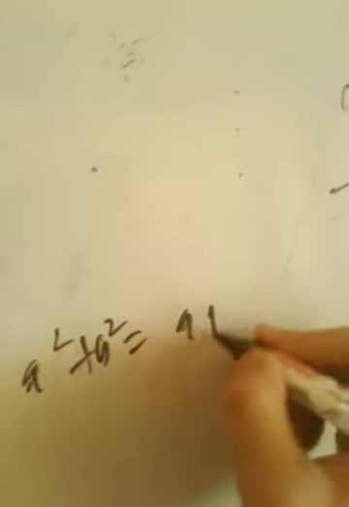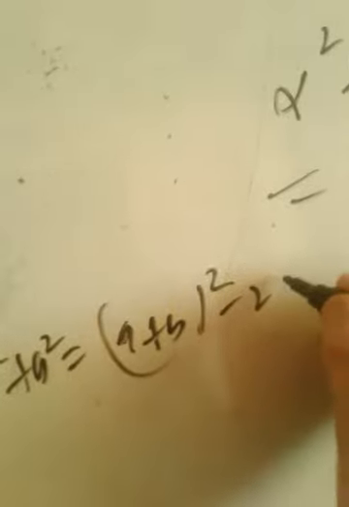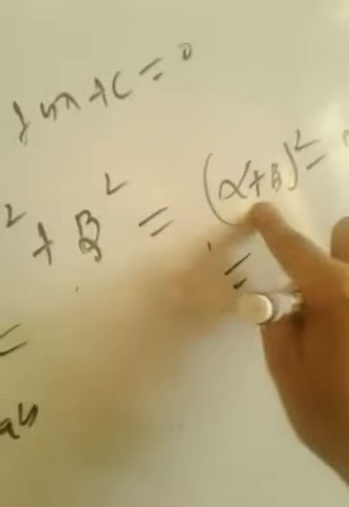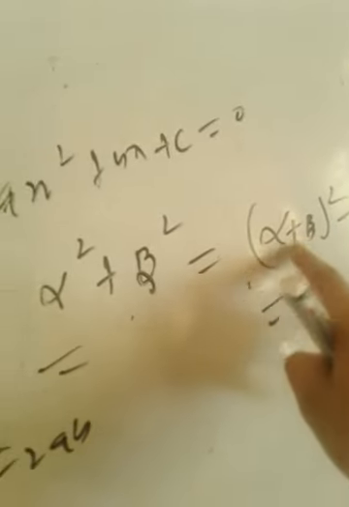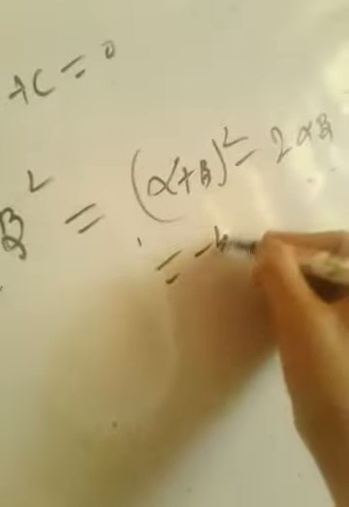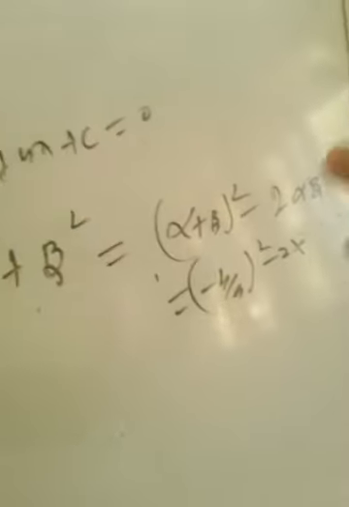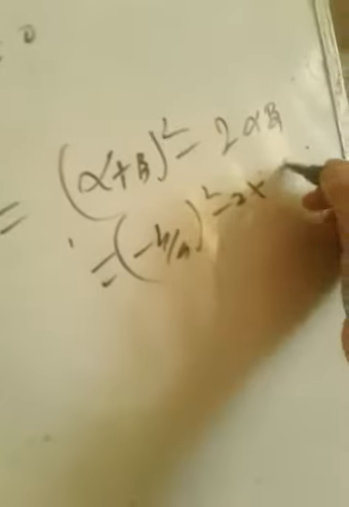Have a look. A square plus b square equals a plus b whole square minus twice ab. So we will write it as alpha plus beta whole square minus twice alpha beta. Alpha plus beta is the sum of roots, minus b by a, square, minus 2 into alpha into beta, which is the product of roots, c by a.